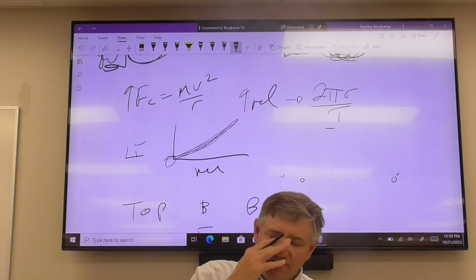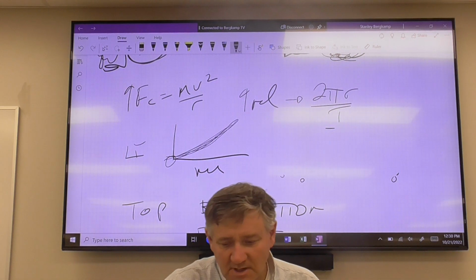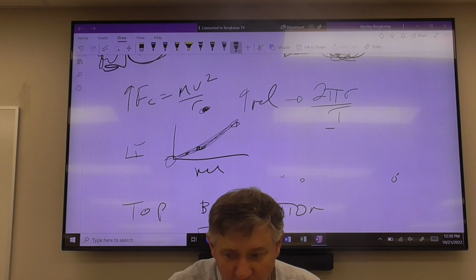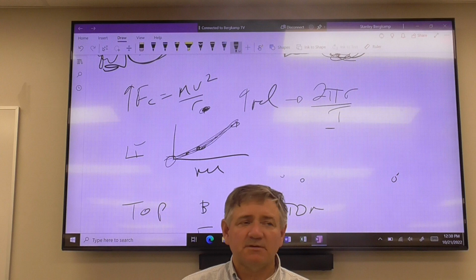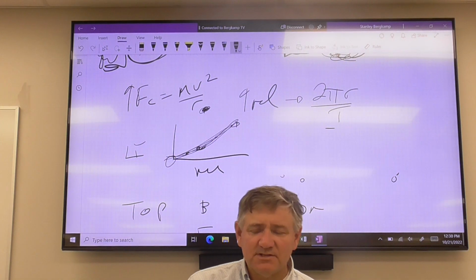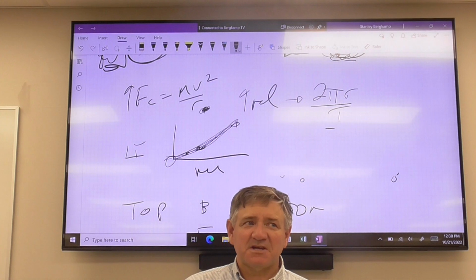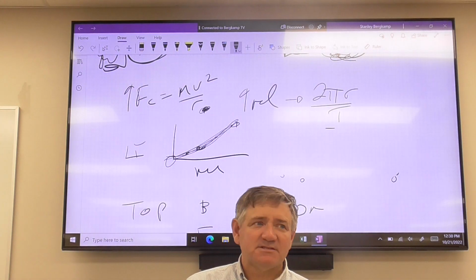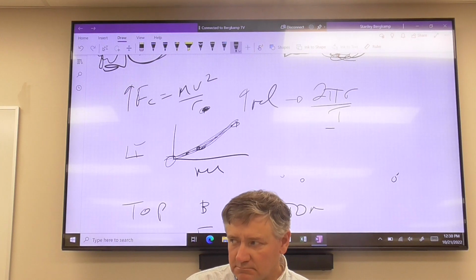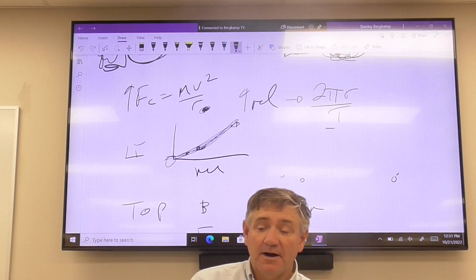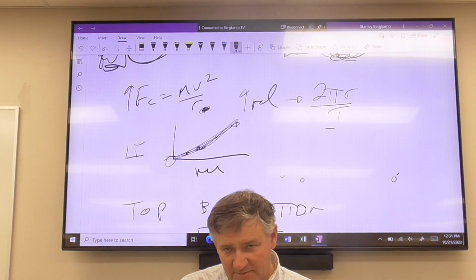Now, if you get your data and 2 of your points are like this, and your 3rd point is up there, and your 4th point is back down there, you did something wrong on that 3rd trial. If one of your trials is a complete outlier, go back and redo that trial. Somebody didn't count to 10. Maybe they counted to 11. Now, here's a word of advice.